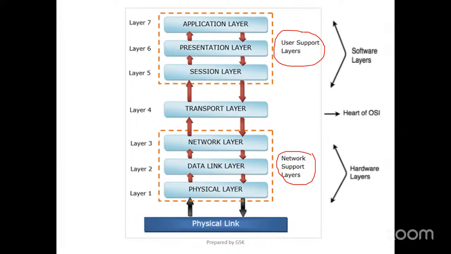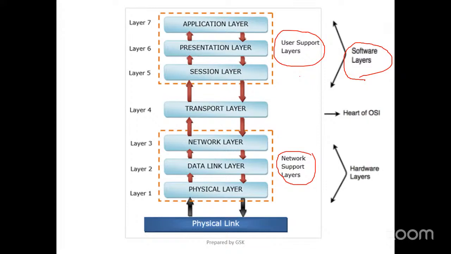Mainly these are developed for the user's purpose. The user may interact with these, and they may be used for encoding techniques and for identifying the users and so on. That's why those 3 are called user support layers. Generally for these top 3 layers, we use different softwares to implement the different functionalities. That's why these 3 layers are also called software layers.